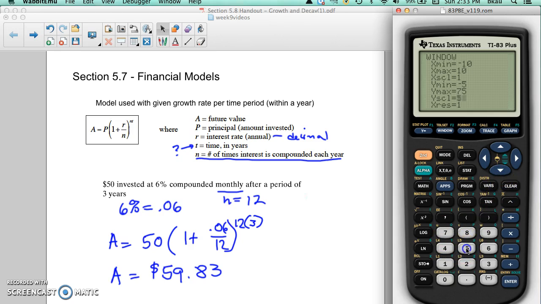And our scale is going to be 5 here. Now our x's, we have 3 years here is 59, so we're going to go to about 15 years here, and we're going to start at 0, and we'll look at the graph here and see what it looks like.